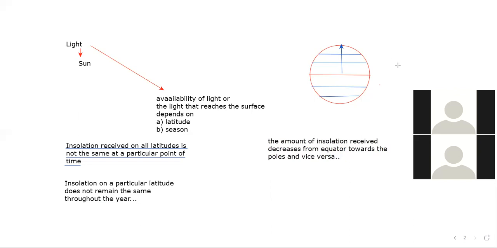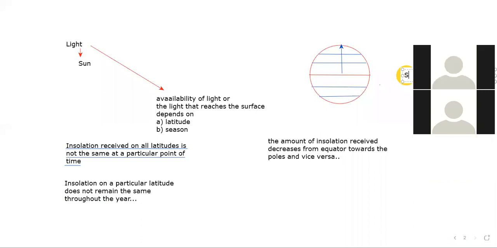Let's suppose this is the sun and this is the earth. The insolation coming from the sun will reach the surface of the earth.